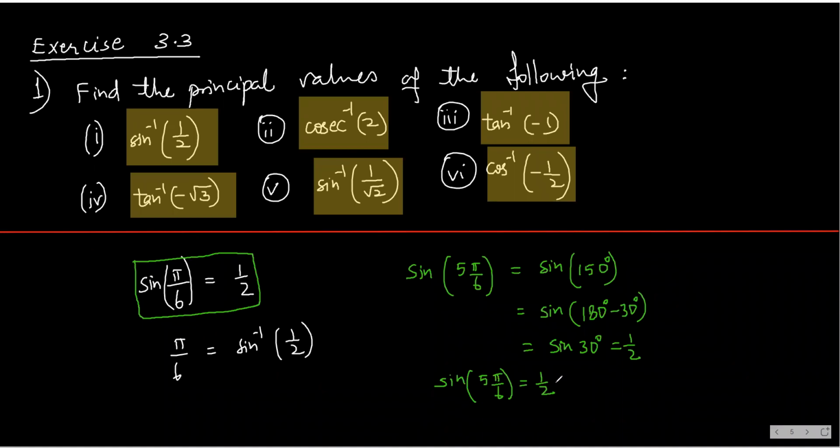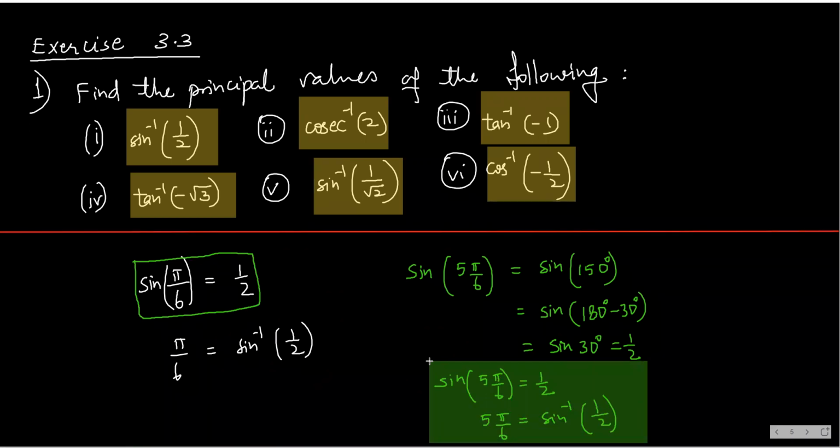So if sine of 5 pi by 6 is 1 by 2, I can always write 5 pi by 6 as sine inverse of 1 by 2. You understand? So now the difficulty here is that you have sine inverse of 1 by 2.